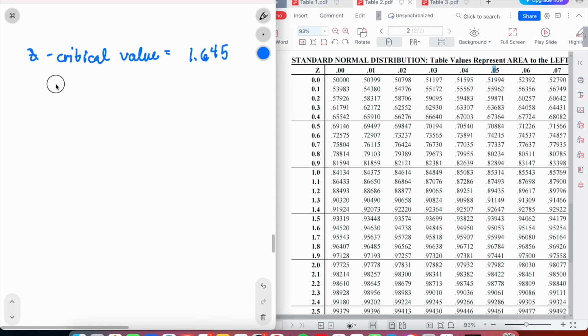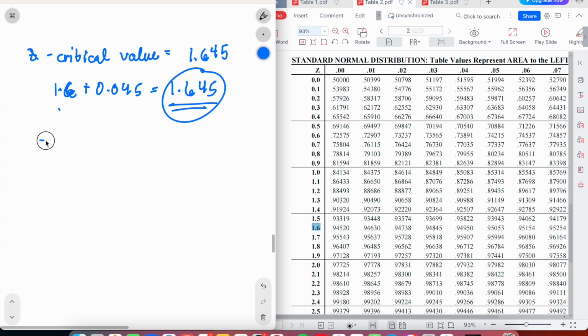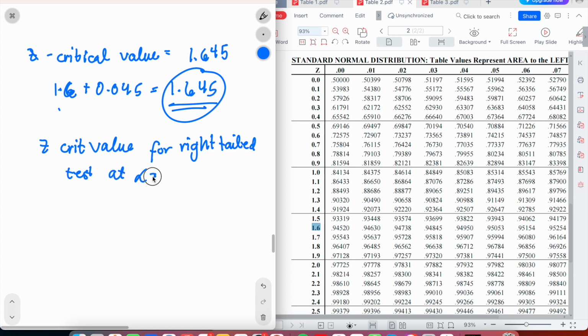Therefore we have 1.6 plus 0.045, so we have 1.645. So this is the z critical value for a right-tailed test at alpha 0.05. Okay?